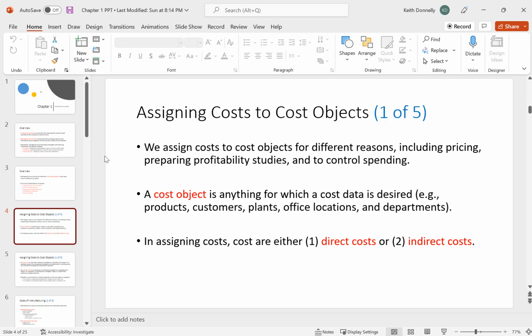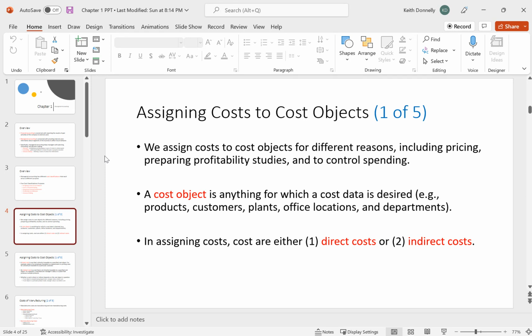So the first primary purpose of cost classification, or where we would use it, is to assign costs to cost objects. So for things like pricing, or if we're preparing a profitability study, or we're looking to control our spending. What is a cost object? This is really anything for which cost data is desired.